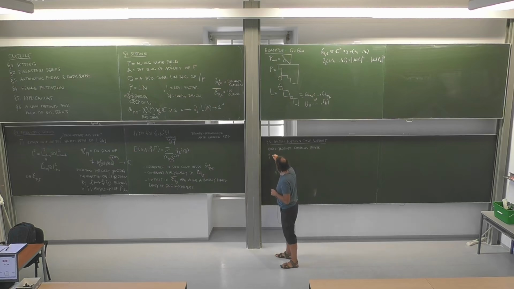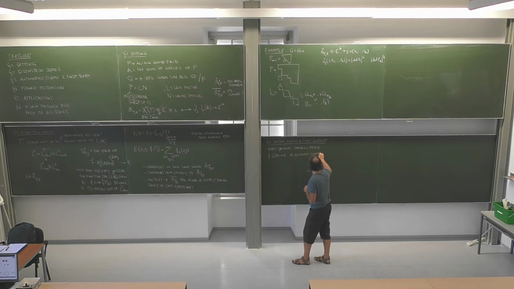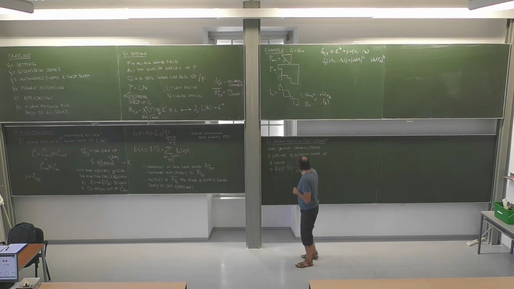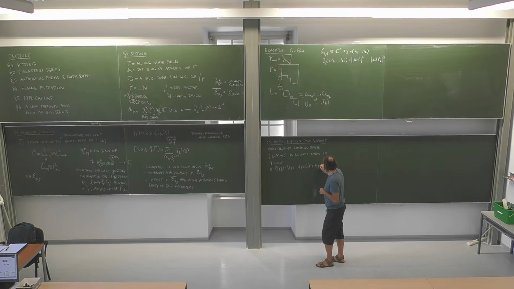A function on G of A is an automorphic form if it is smooth as a function on G of A. Second, f of gamma G is f of G for all gamma in G of Q, G of F, and for all G in G of A.